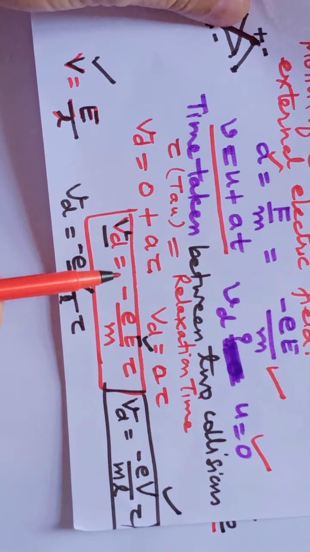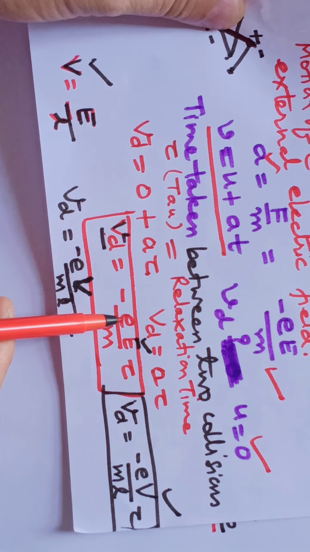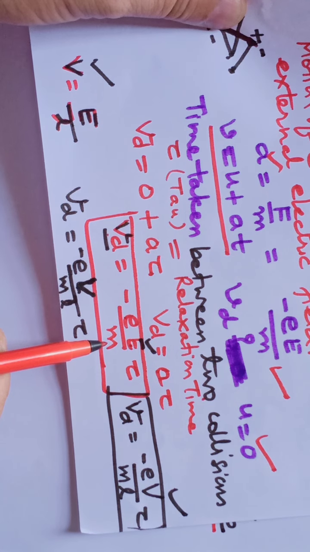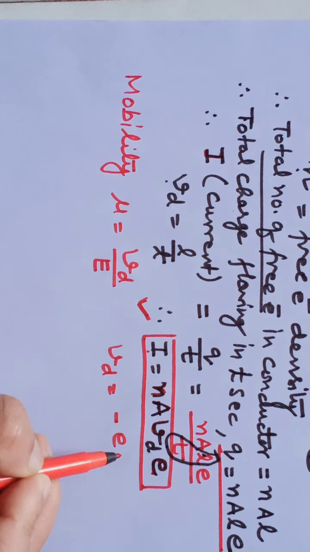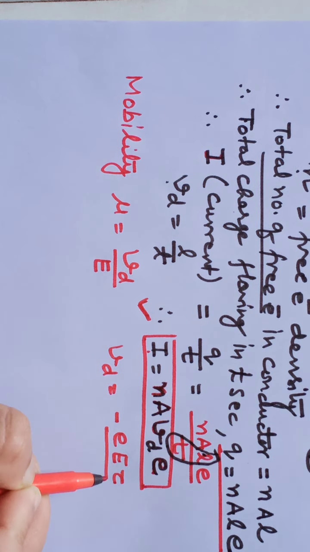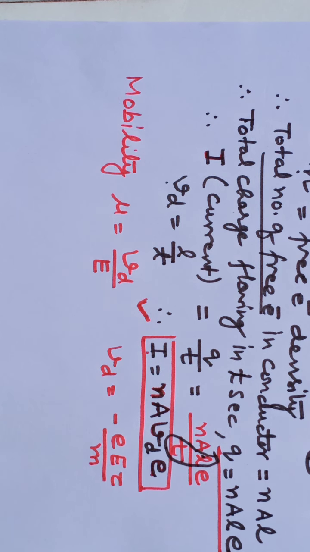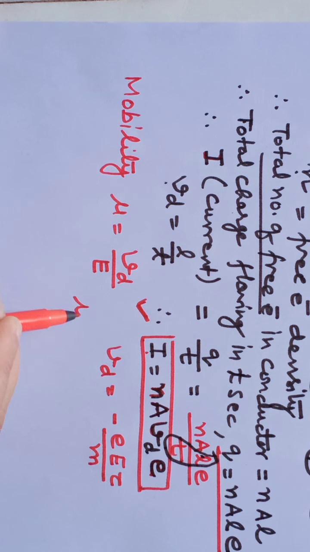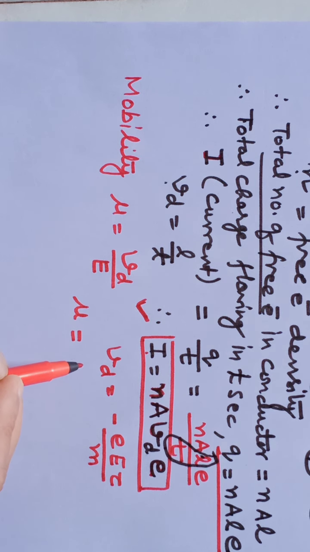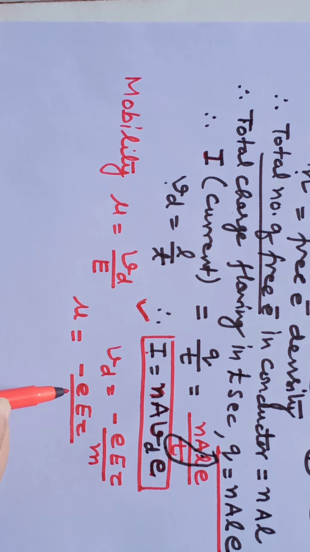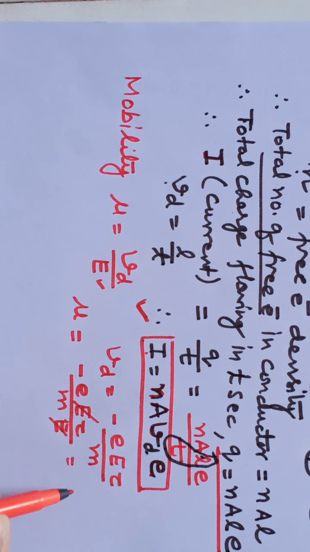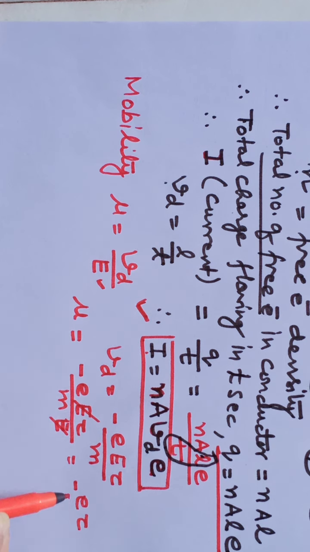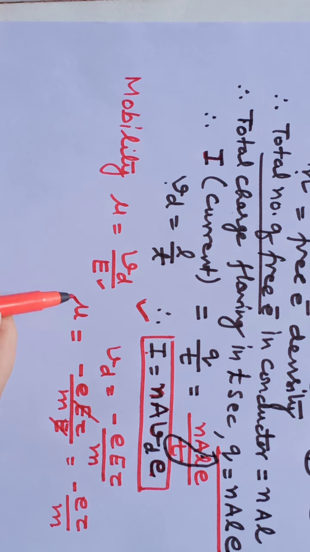Now in terms of field, we have calculated drift velocity as Vd is small e, capital E, tau upon the mass of the electron. Therefore, mobility of electron comes out to be minus e E tau upon m upon E. Now capital E cancels out. So this is minus e tau upon m. So this is the mobility.